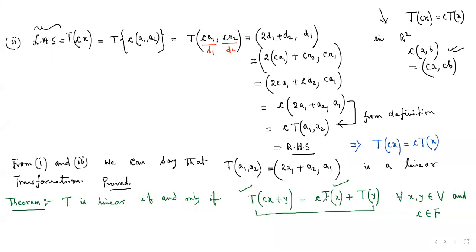So you can take the help of these two, or you can separately show property 1 to be true and property 2 to be true. Whichever way you do it, if these are satisfied, then we'll say that the thing is a linear transformation.